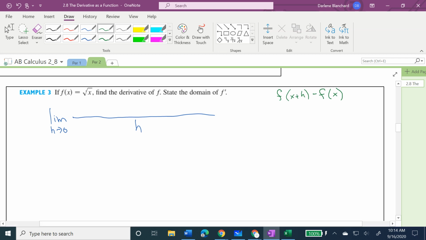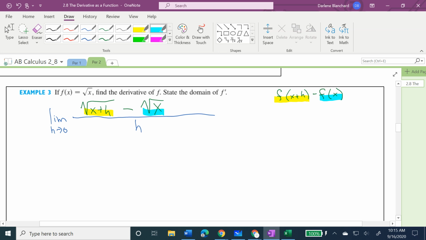For f of x plus h, I'm going to substitute in x plus h, minus f of x, which is root x. And I'm trying to color code for you a little bit so you can see that better.